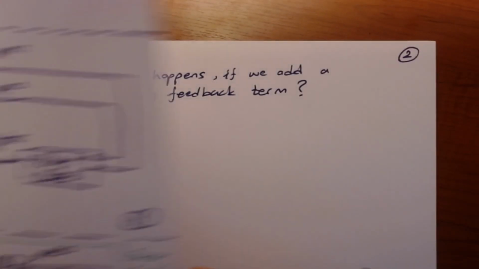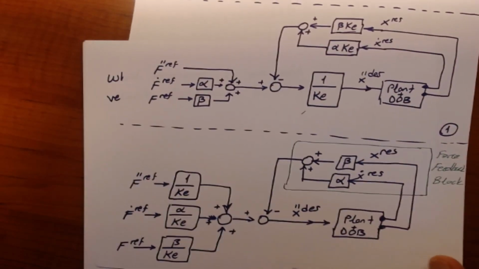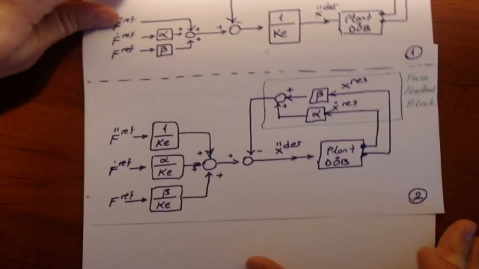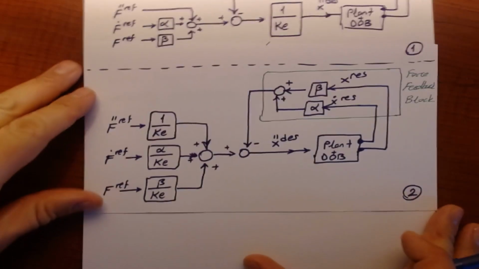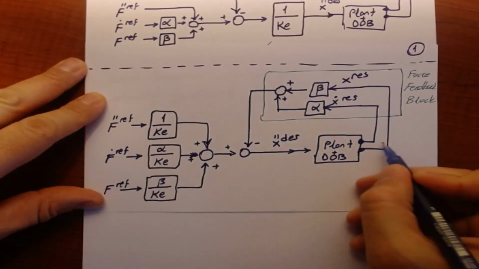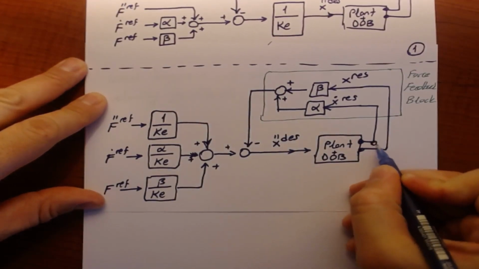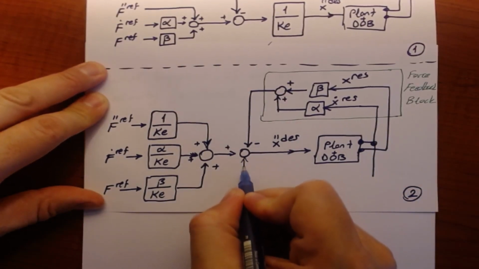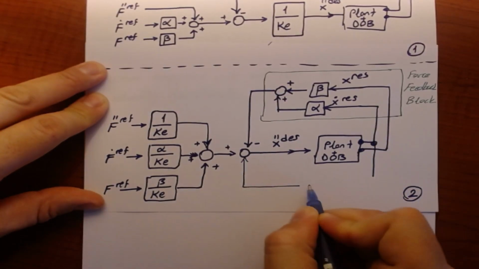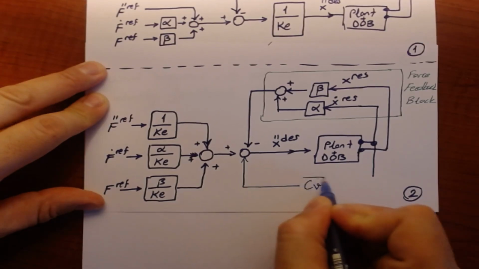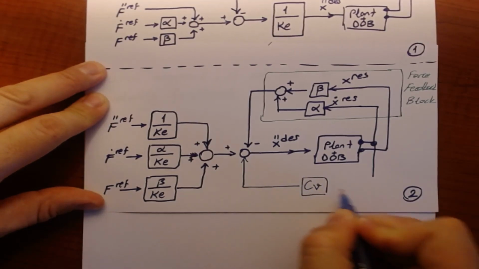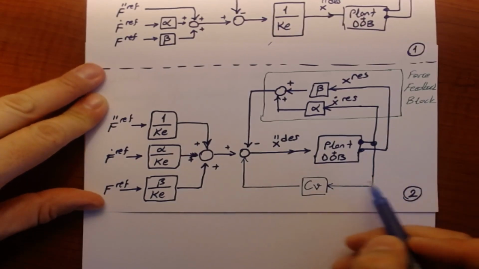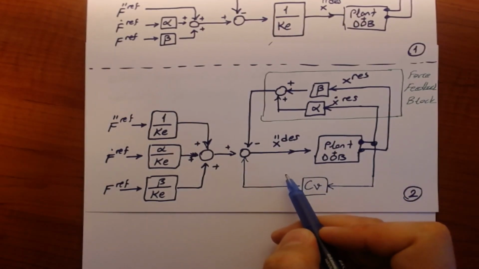What I mean is modifying that block diagram, the second one, and adding here a new item that is CV times the velocity feedback signal generated from the plant, right?